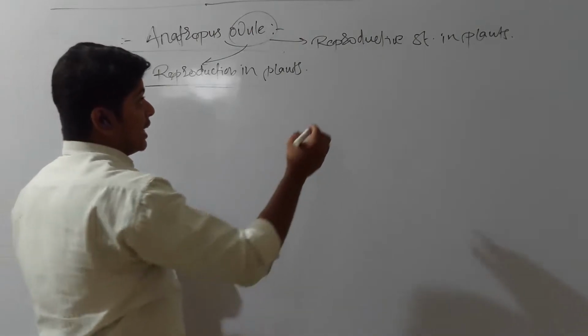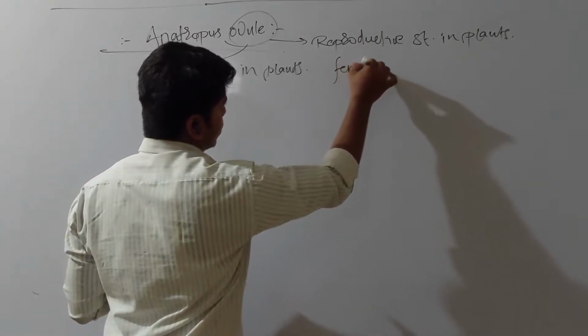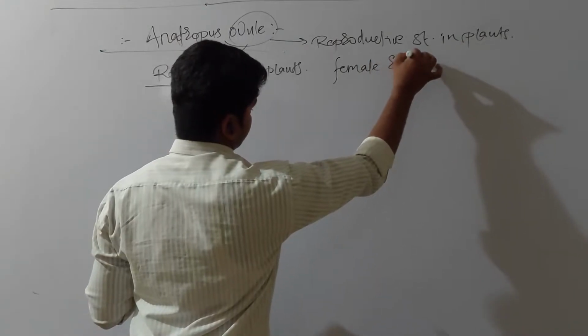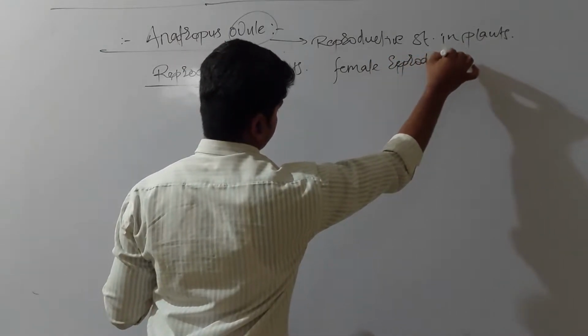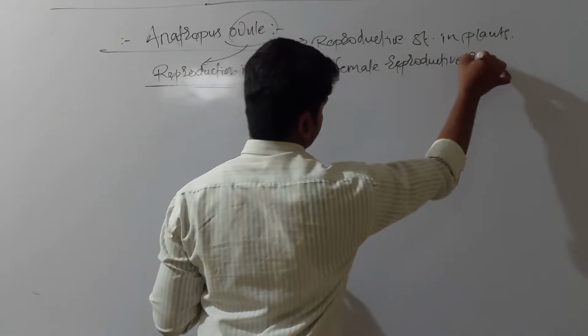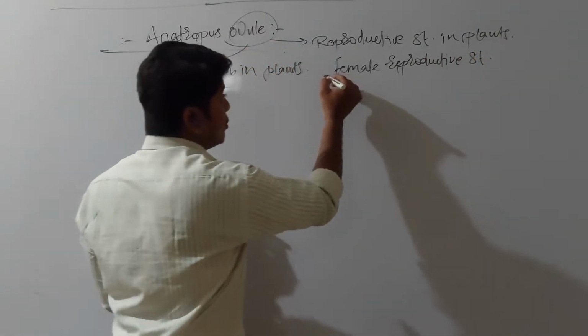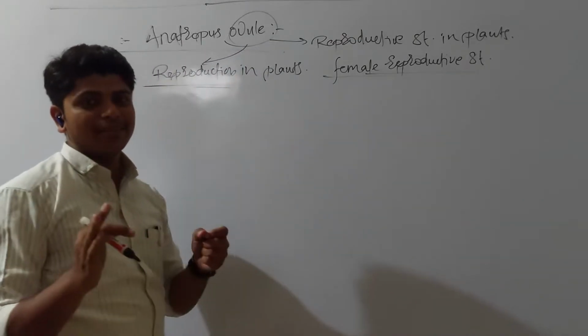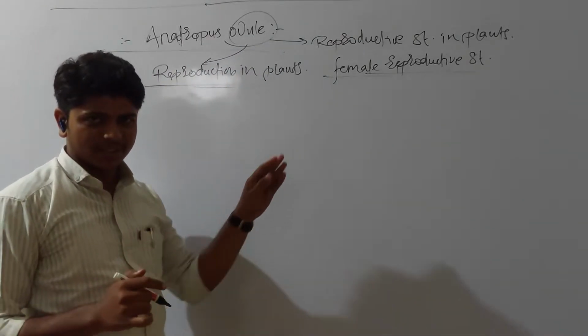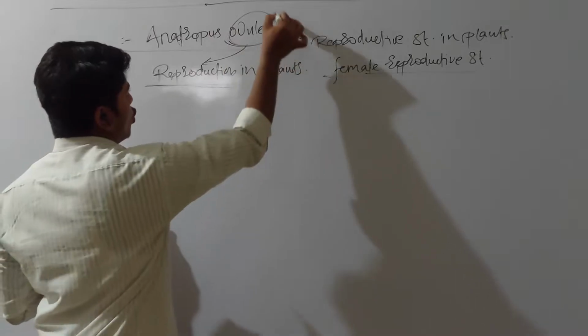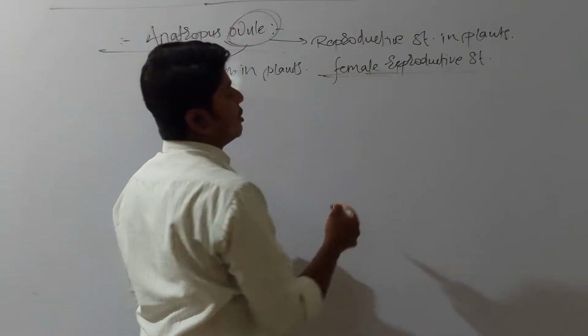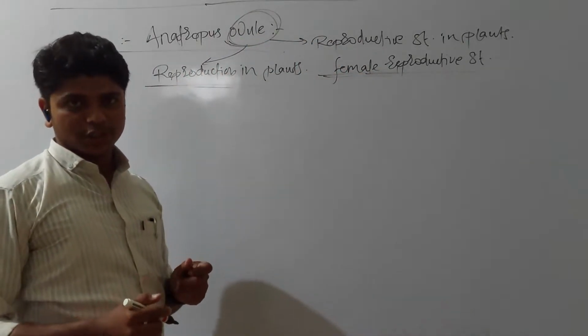It is a female reproductive structure. Ovule acts as the female reproductive structure in plants.